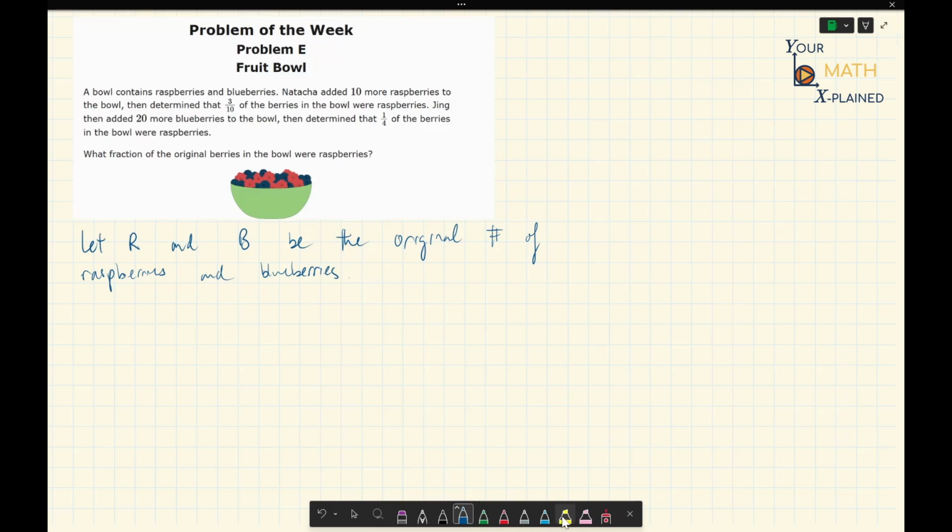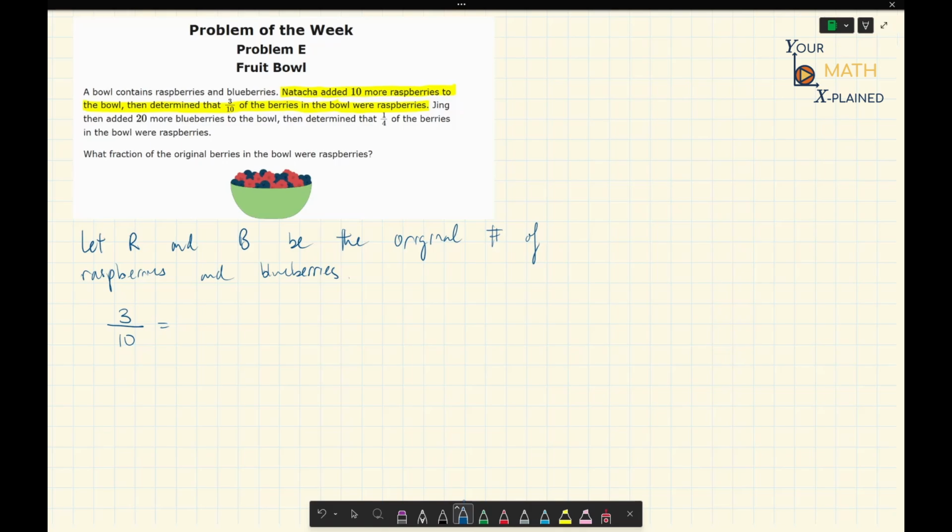The first statement that is useful is about Natasha. We have Natasha adding 10 more raspberries to the bowl and determined that 3/10 of the berries in the bowl were raspberries. So what that tells us to set up is something that's related to 3/10. Specifically, the number of raspberries on top and the total number of berries on the bottom.